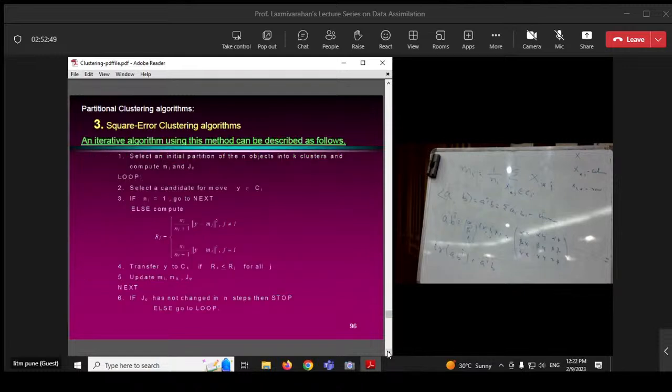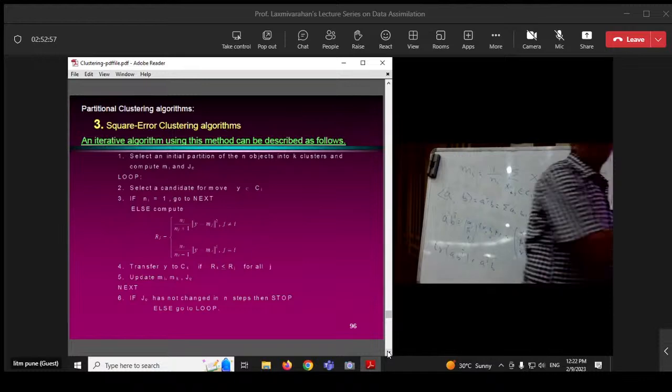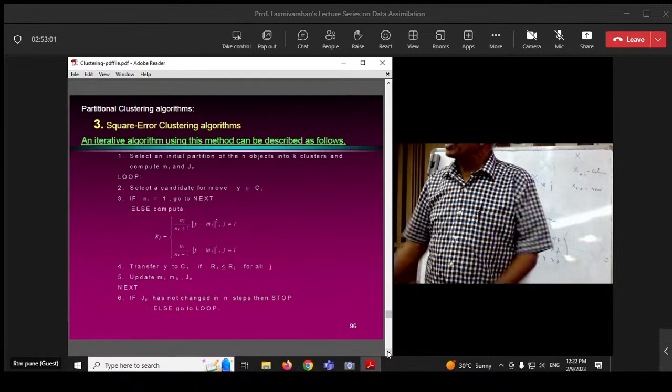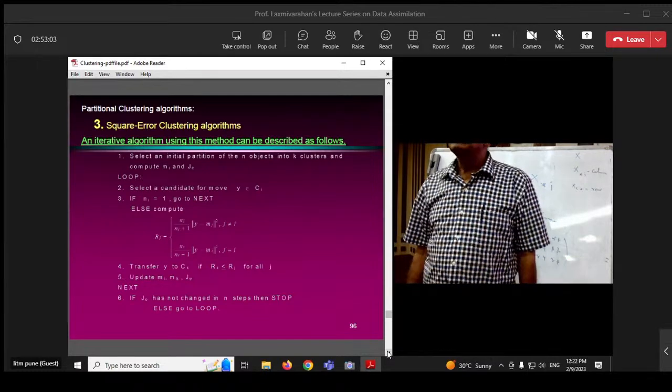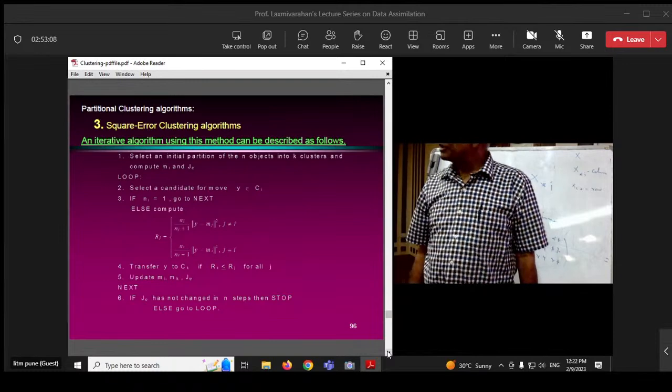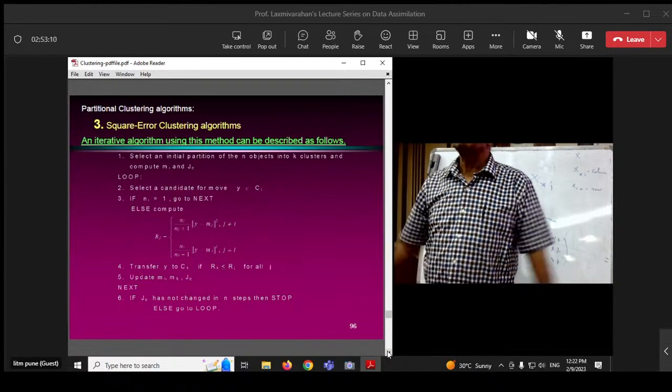This is called the squared error clustering algorithm. I have essentially stated the whole thing in the form of pseudo code, which you can very easily code. In MATLAB, there are algorithms that implement this.